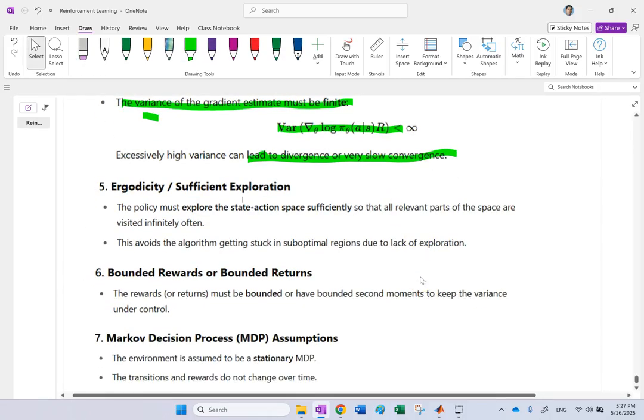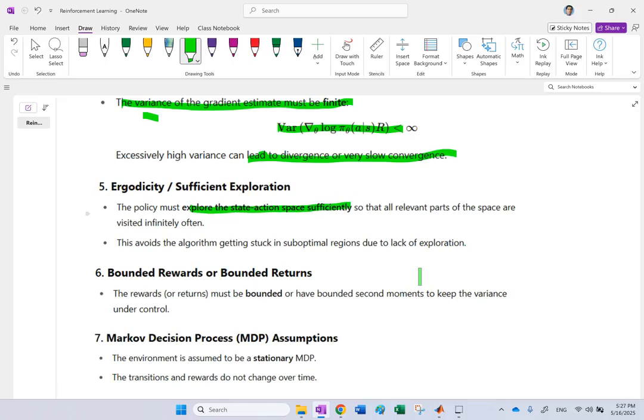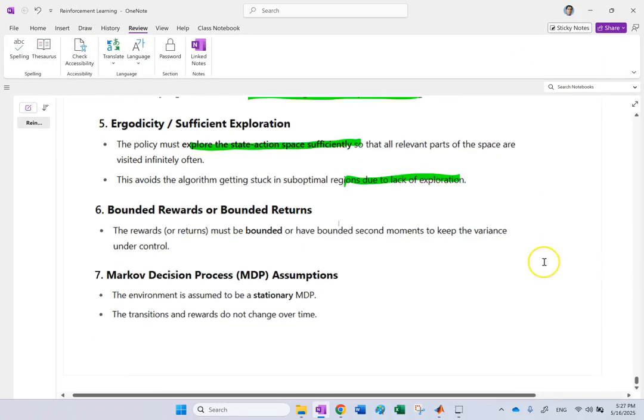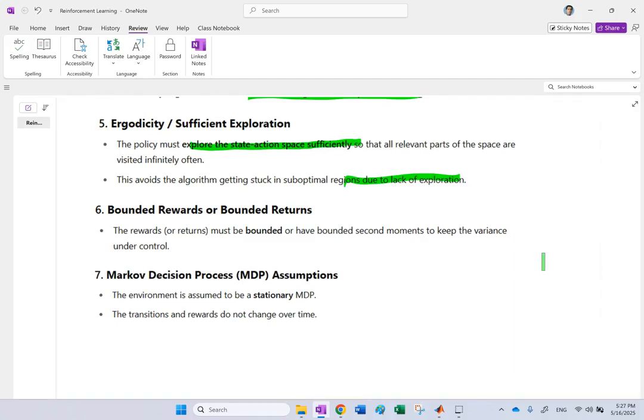The other thing is you must explore the state action space sufficiently to make sure you're not stuck in any local maxima. Then make sure that the rewards that you define in your state action space are bounded. Typically you don't want them to be super sparse either, because if they are sparse, you're not giving it enough direction for where to go.